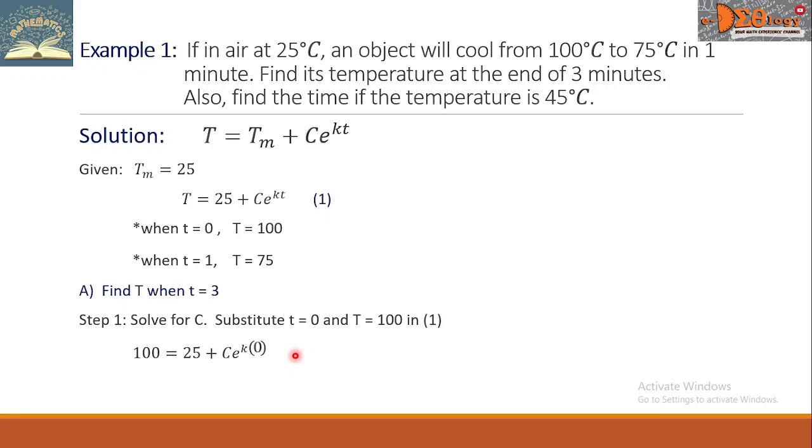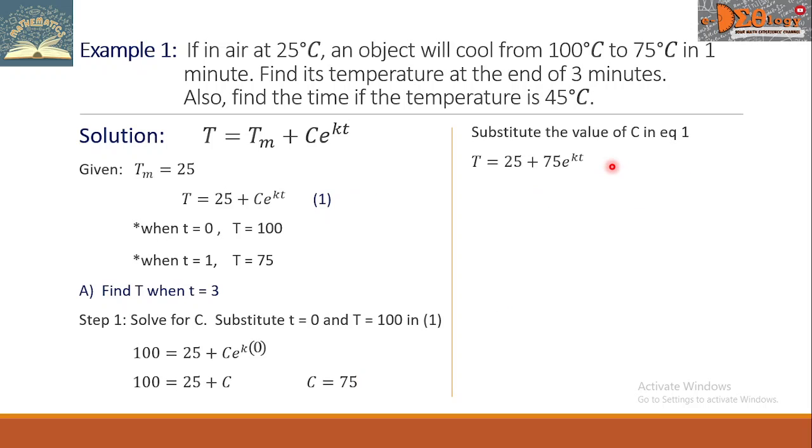It means to say, this equation now becomes like this. If we transpose this 25 to the left side, it becomes subtrahend to 100, so the value of C is 75. Next step is to substitute the value of this C in equation 1. So equation 1 becomes this new equation.